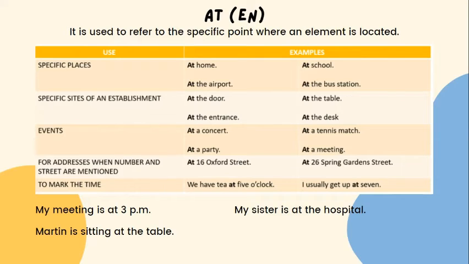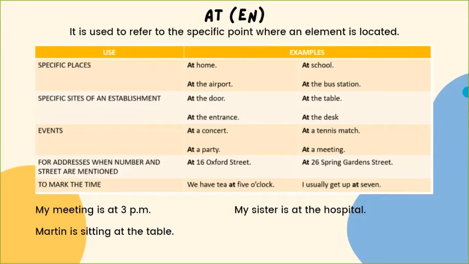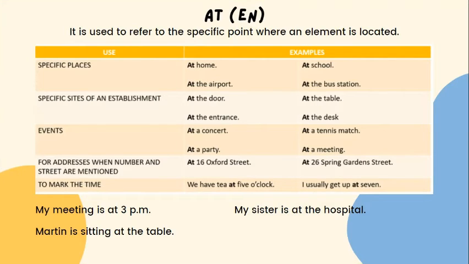Examples: at home, at school, at the bus station, at a concert, at a meeting, at a party, we have tea at 5 o'clock. I usually get up at 7. My meeting is at 3 p.m. Martin is sitting at the table. My sister is at the hospital.